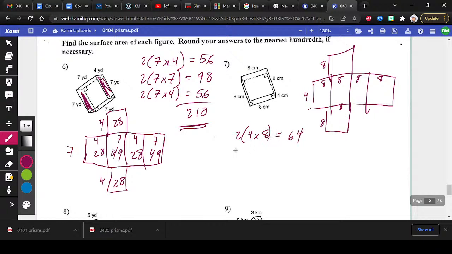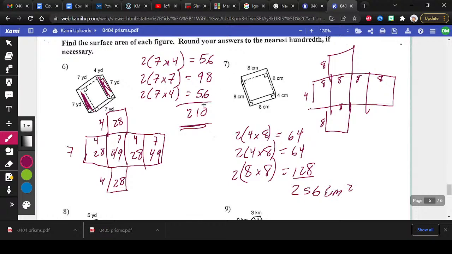And then we're going to go 2 times 4 times 8, which is also 64. And then we're going to go 2 times 8 times 8, which is 128. So that's 64 plus 64 plus 128 gives us 256. And this would be centimeters squared. By the way, the last one was yards squared.